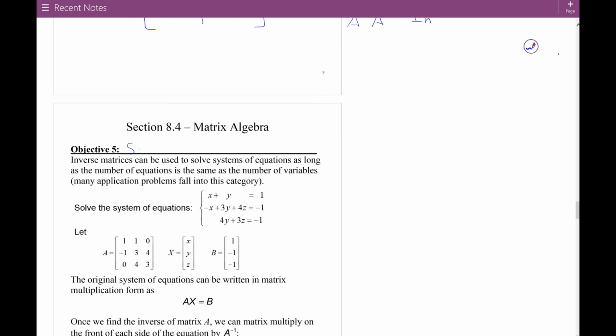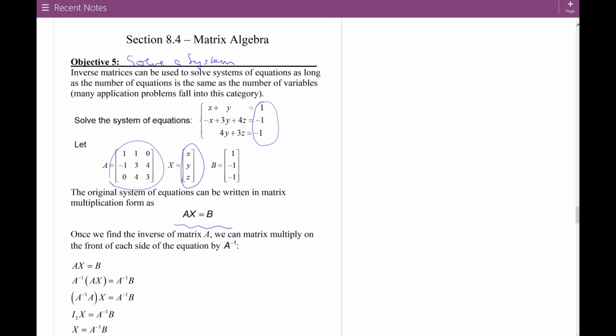So we're going to use this idea to solve a system, because if we write our system of equations in a matrix multiplication form, it looks like A, the coefficient matrix, times X, a column matrix of the variables, equals B, the column matrix of the constants.